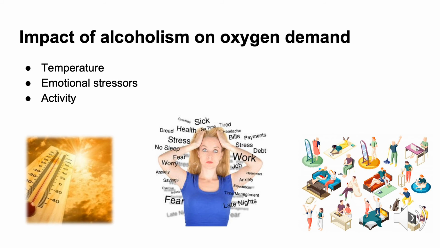Consumption of alcohol can cause reductions in body temperature and diminishes the body's ability to maintain thermostability, thus potentially reducing cellular oxygen demand. Conversely, emotional stressors and activity levels can often increase with alcohol consumption due to changes in impulse control, thus possibly increasing cellular oxygen demand.